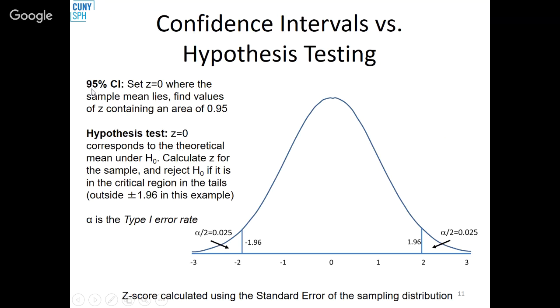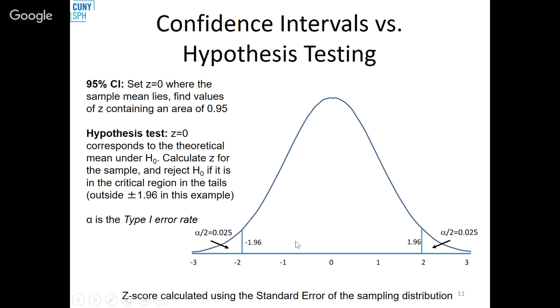So we're calling that for a 95% confidence interval, I'm just for convenience talking about the z-test here. It would be the same for the t-test as well. We find the values of z that contains 95% of the probability, which was 1.96, and we add that and subtract that to the sample mean.